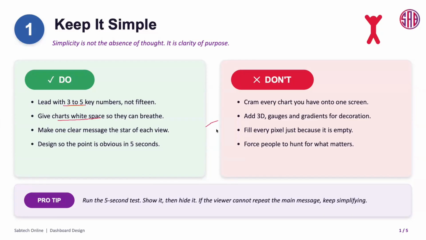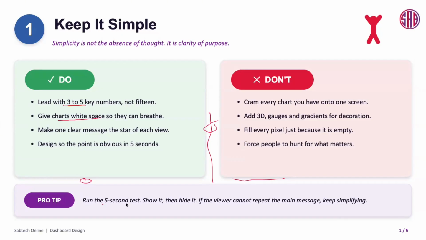I remember telling you that these white spaces are so important. Make one message clear. Make sure that every visual represents something. Then design so the point is obvious in 5 seconds.